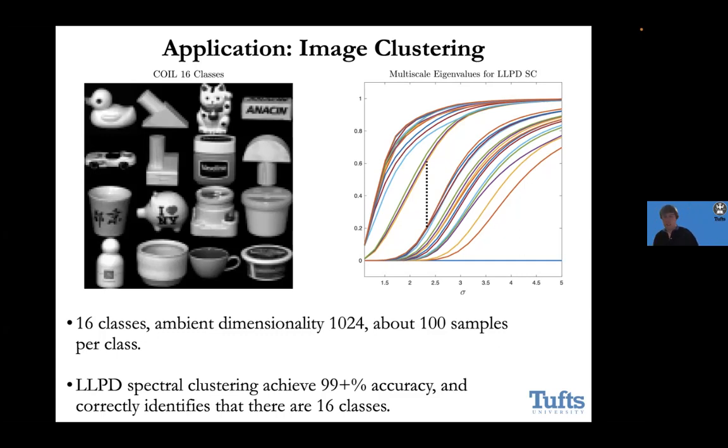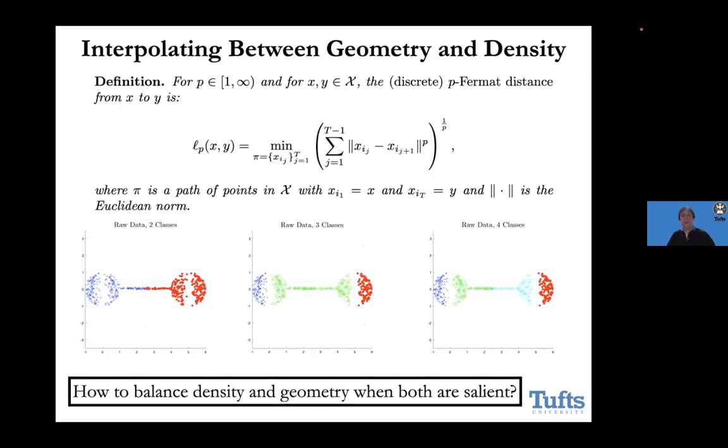But more interestingly, you see a very large and persistent gap between the 16th and 17th eigenvalues. What I mean by persistent is I can choose a lot of different sigma values for my Laplacian and see that there's a big gap between eigenvalues 16 and 17. So I'm going to estimate those 16 clusters that way. We thought this was a nice validating example for our approach.